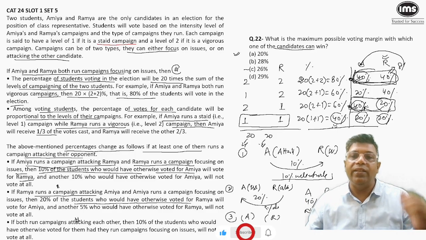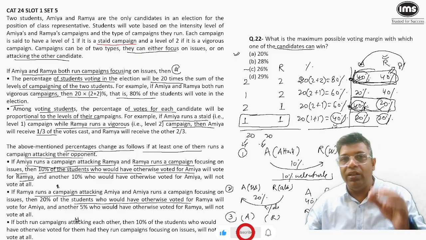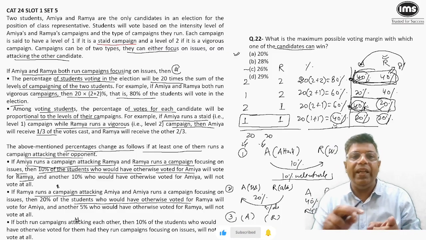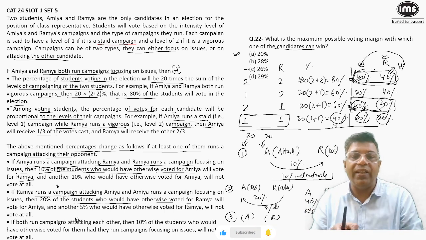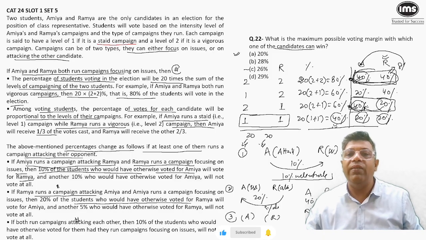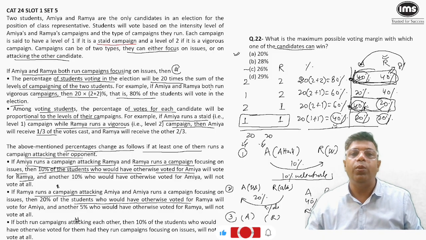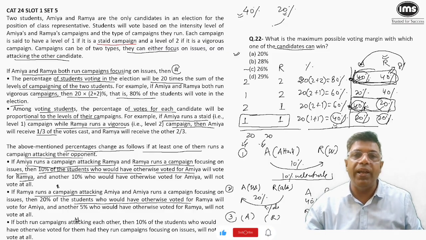So now in this case, if Amya runs an attacking campaign, then only 10% of the voters are going to switch. But if Ramya makes an attacking campaign, in that case, 20% of the voters are going to switch. So I will take the scenario wherein Amya is getting 40% vote and Ramya 20% vote, like Amya is running a vigorous campaign, Ramya is running a stay campaign, and that too Ramya is attacking.